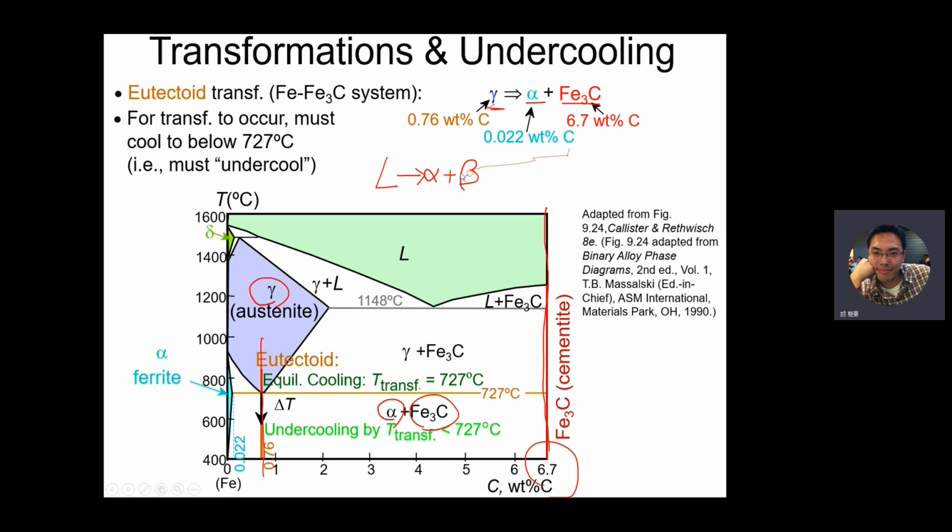So which composition in this phase diagram represents the eutectic reaction? Can you draw a vertical line on this phase diagram? Where is the reaction of this liquid transforming into two solids? Here, right? Can you find it at this composition?